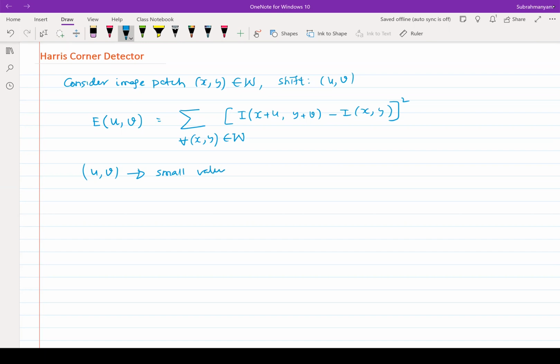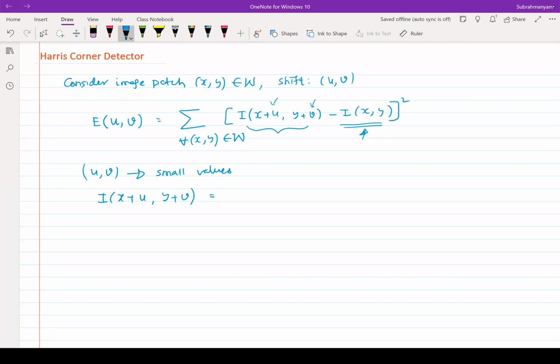Now when these values are small, can you write I of x plus u comma y plus v in terms of I of x comma y? Who comes to your rescue to write it in terms of x comma y? Taylor series, yes, of course.